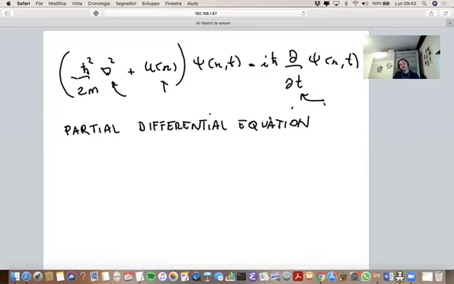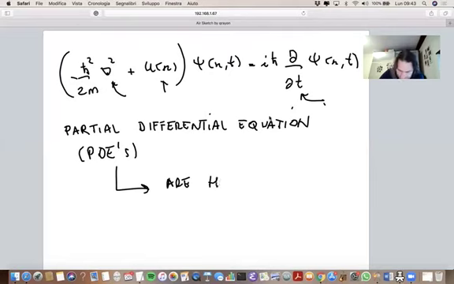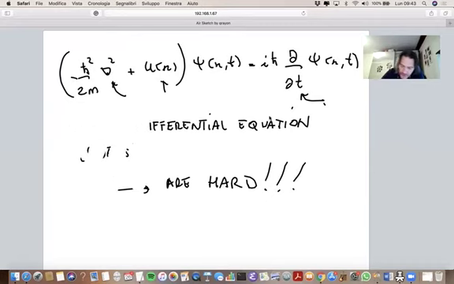Now, PDEs, partial differential equations, are hard. Solving a PDE is a damn hard problem, much more than solving an ordinary differential equation. What is an ordinary differential equation?